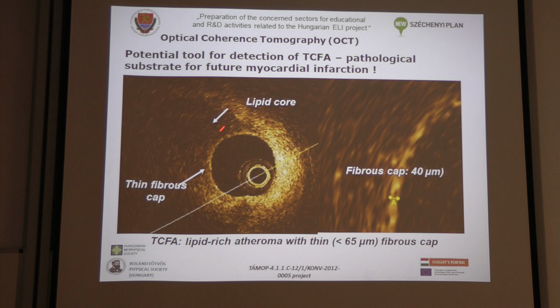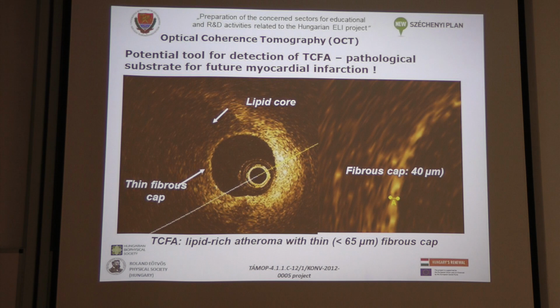So this lipid core, full of fatty tissue inside the artery wall, is not easily identifiable. But it's really important, because a lipid pool is something fragile.